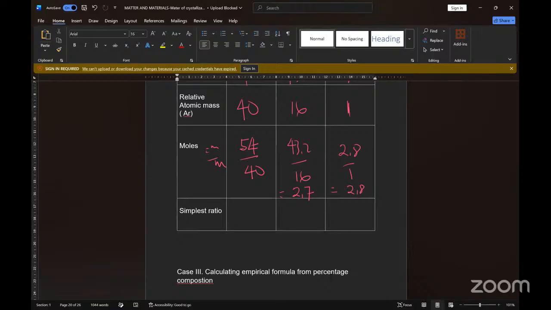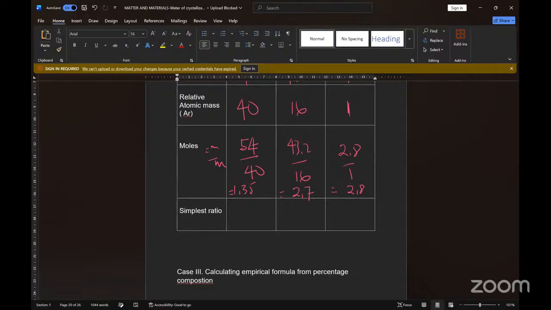And then 54 divided by 40 gives us 1.35. Okay. So how do we calculate the simplest ratio?